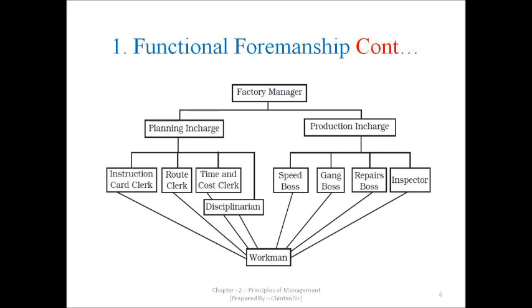These 4 sub-classifications of planning in charge and 4 of production in charge will supervise or monitor the workman. So we can say that over the workman there will be a total of 8 in charges.